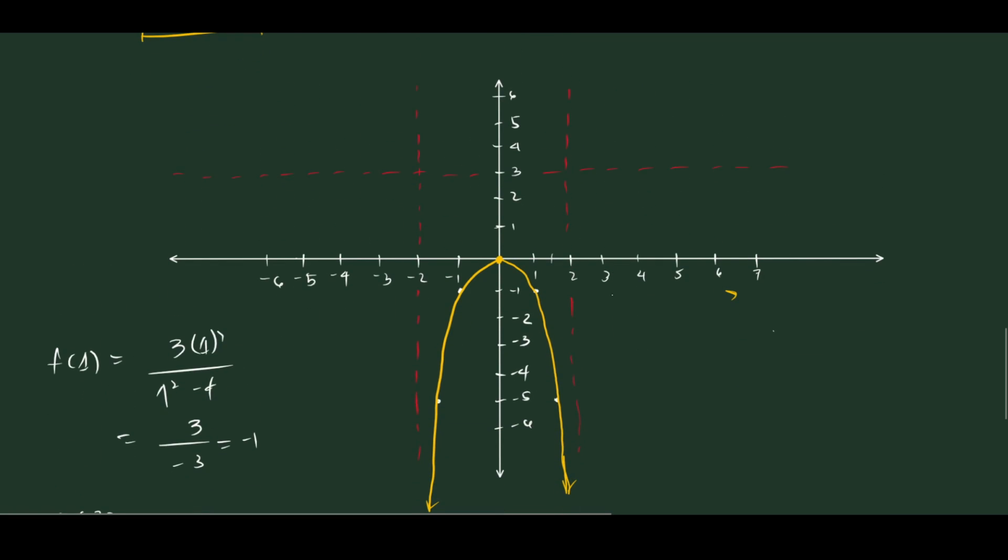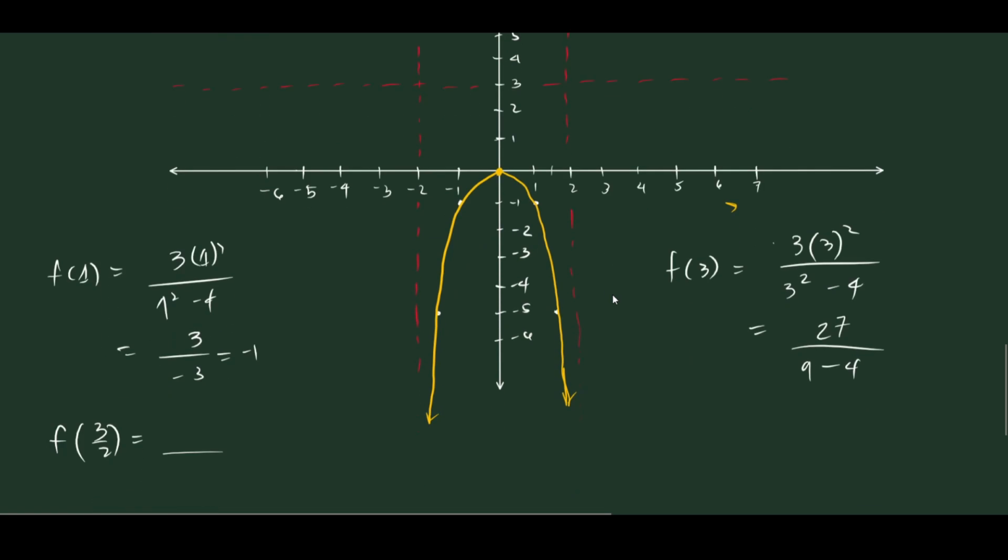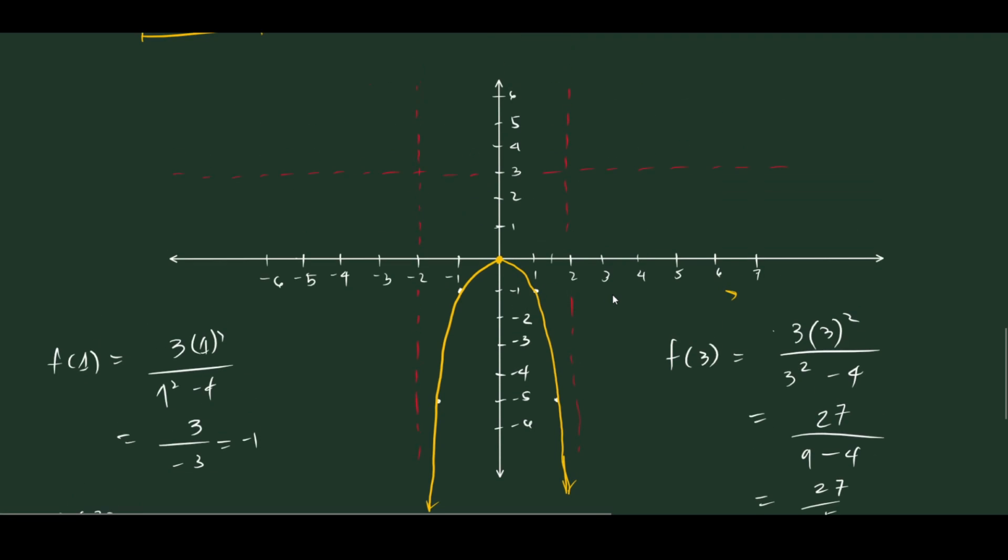So let's substitute some other values outside of this particular range. How about 3? So f of 3 will be equal to 3 times 3 squared all over 3 squared minus 4, right? So we will have 27 over 9 minus 4, so you will have 27 all over 5.